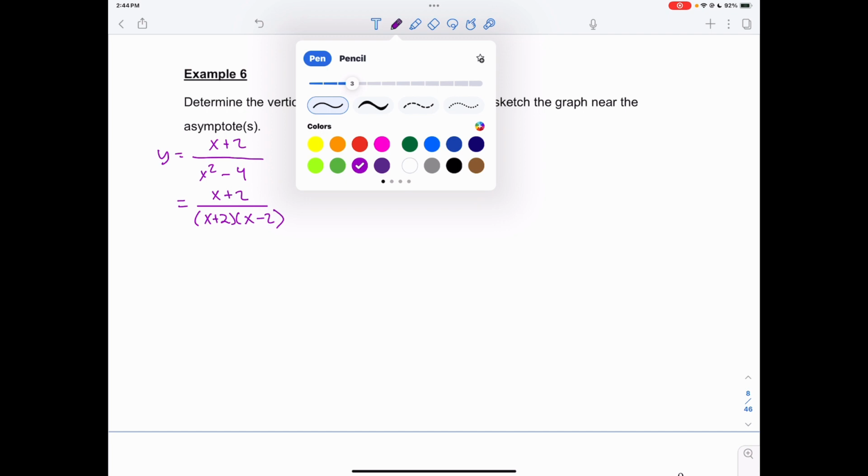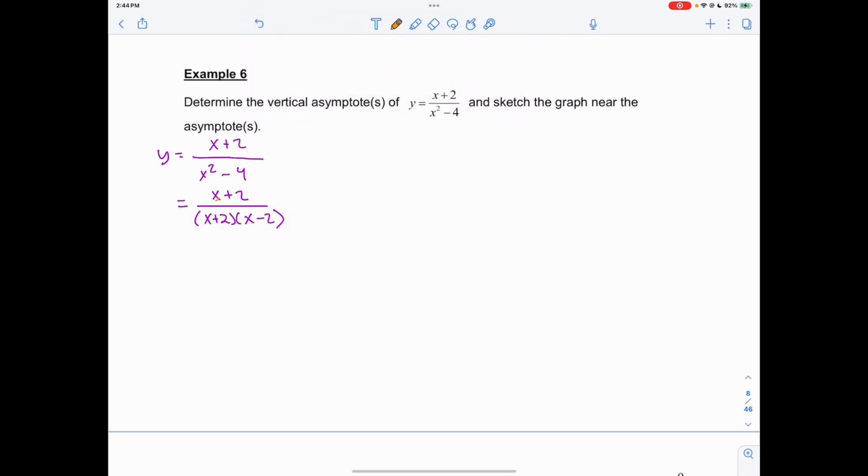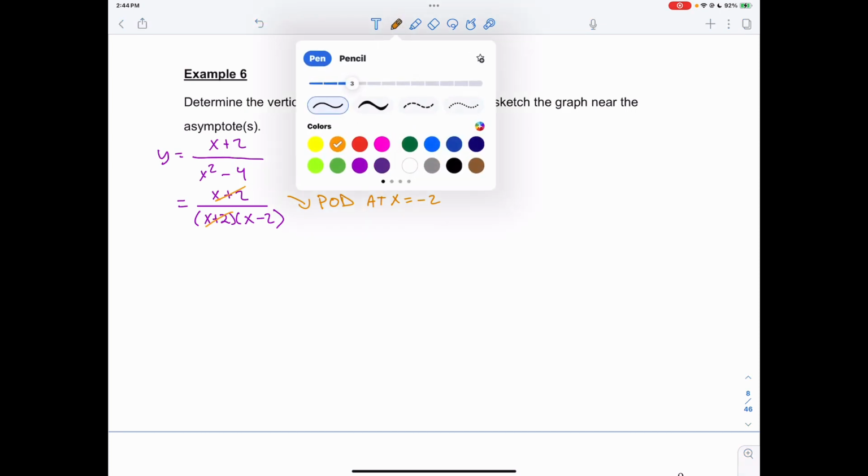Now we can see that we can cancel out an x plus 2 from the top and the bottom, which we know is going to create a point of discontinuity at x is equal to negative 2. So it's not actually going to be one of our asymptotes.